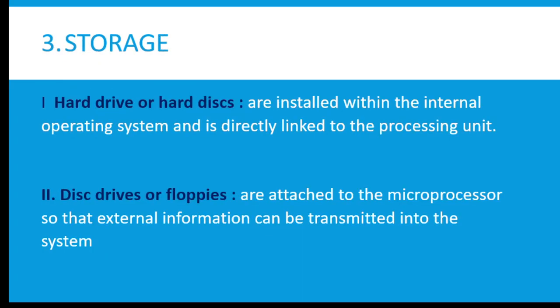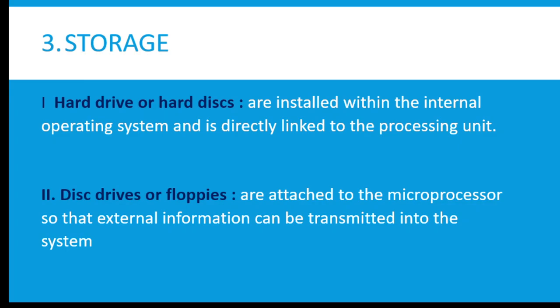Next, storage. So we can store the data in two types of disk or drive. First is the hard drive, also called the primary drive, which is installed within the internal operating system and is directly linked to the processing unit. So the data will come out from the hard drive and be processed by the CPU, holding the memory in RAM.